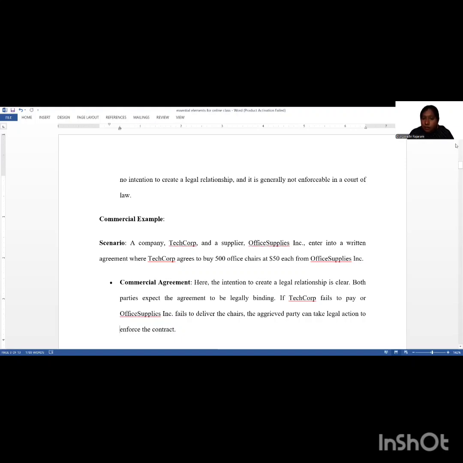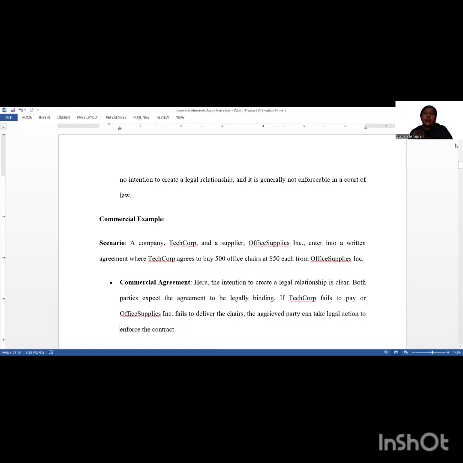If I'm running a company and I'm asking for chairs, they are supposed to pay me, and since we have a proper written contract, if Tech Corp fails to pay after receiving the chairs, or they are not delivering the chairs, it can happen on both sides.